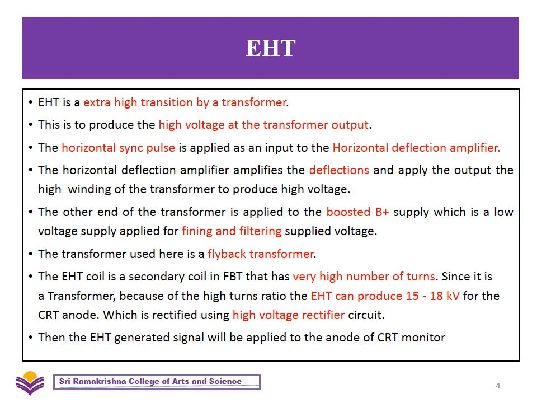The voltage obtained at the output of this EHT is 15 kilovolt to 18 kilovolt, which is processed toward the CRT anode. This generated signal will be applied to the anode of the CRT to move the electron beam towards the target of the screen.